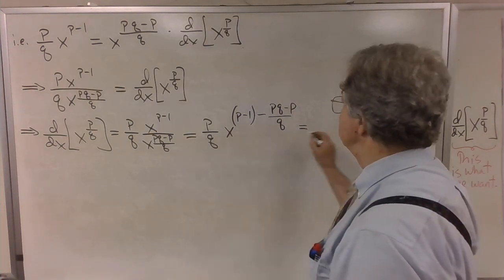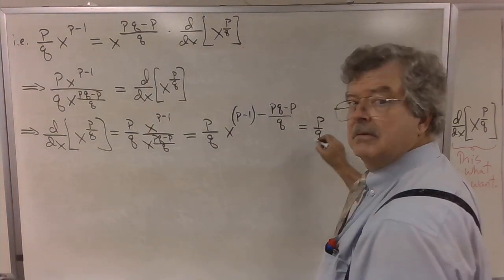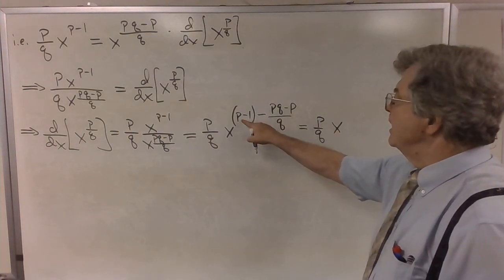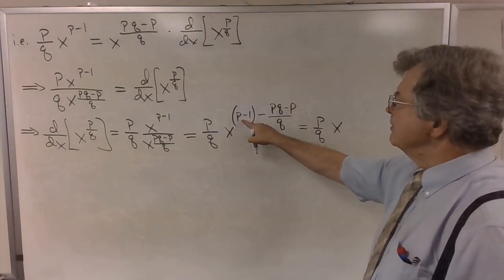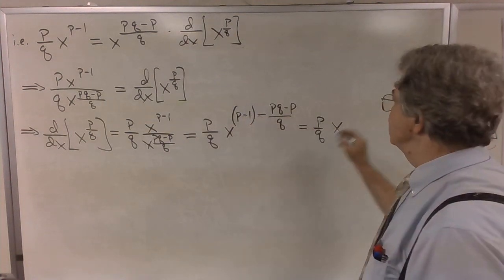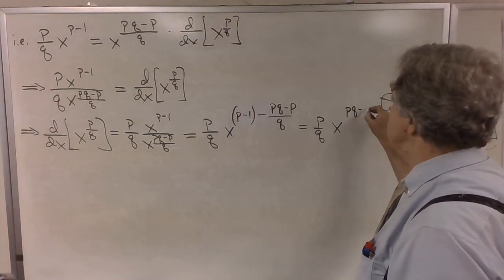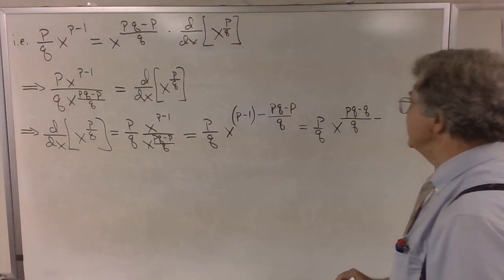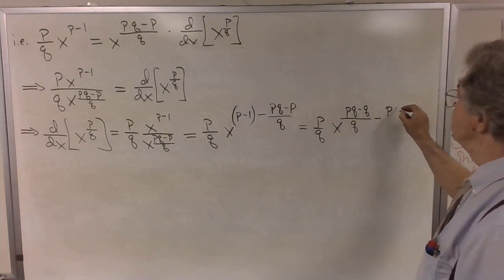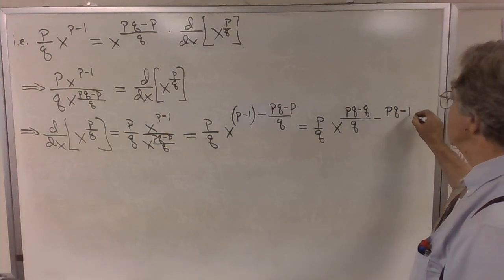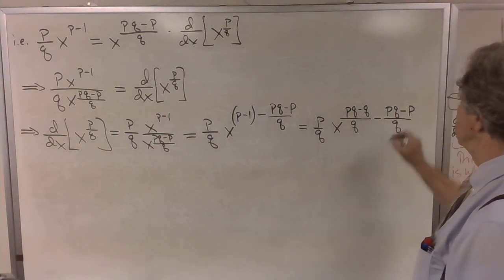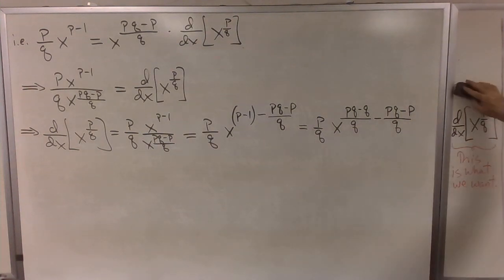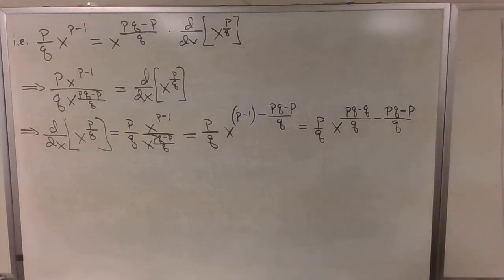So we'll have p over q, x, and I get a common denominator here, so this is pq minus q, all over q, minus pq minus p over q. And oh, thank goodness this is working out.